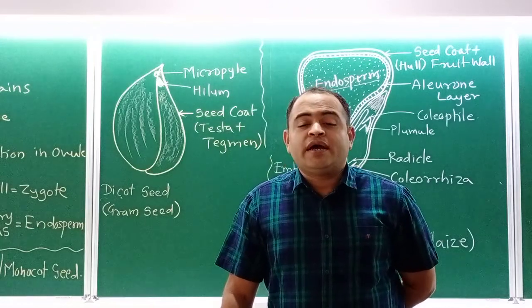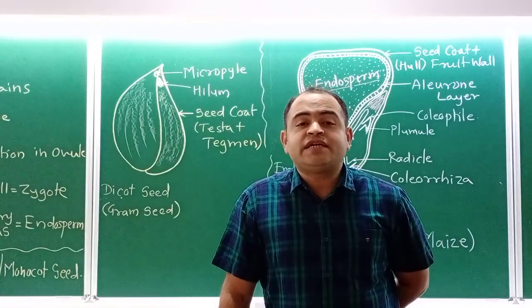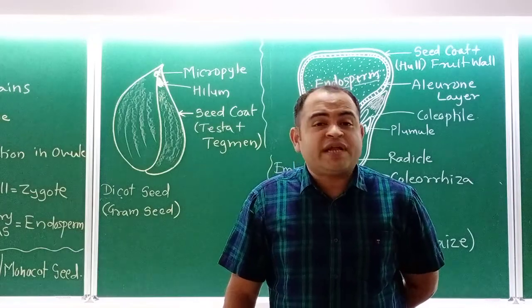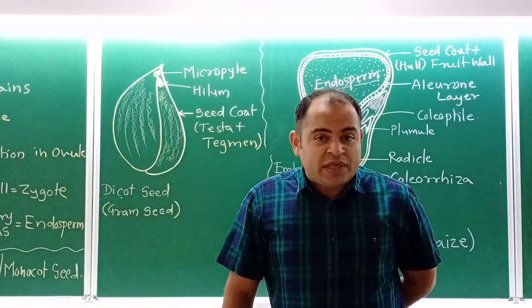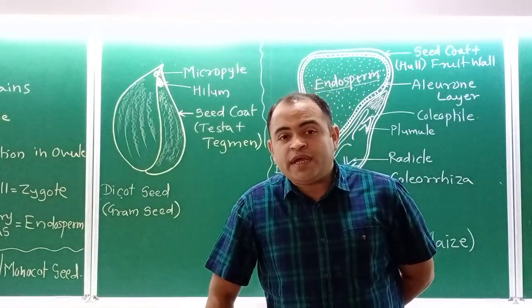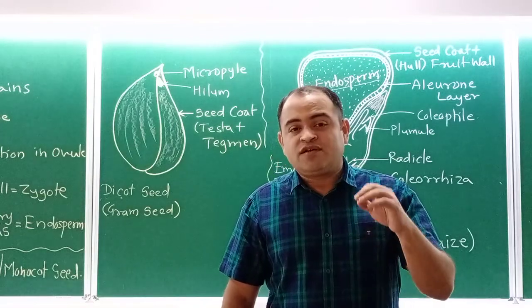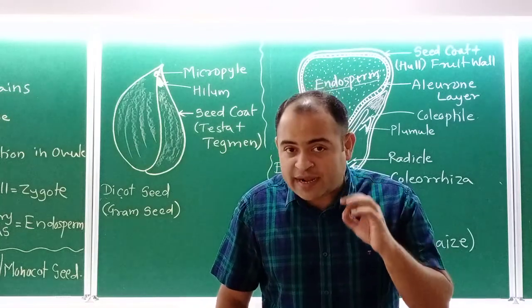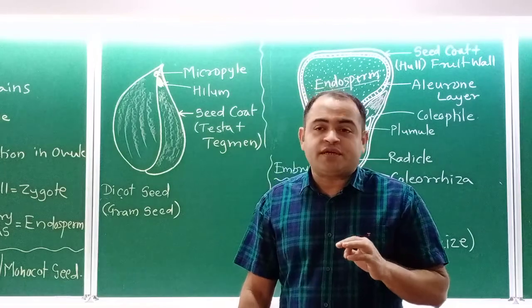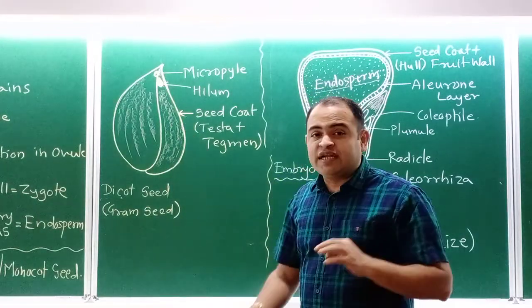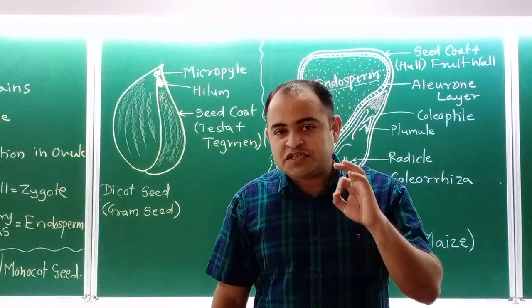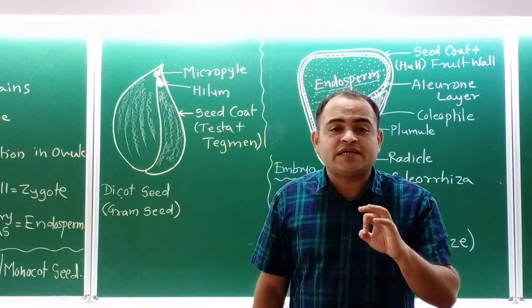So hilum is nothing but the typical seed attachment point. It's the seed attachment point with the ovary. The ovary always gives a space for the seed to show some attachment. This attachment leaves a scar mark. This scar mark is popularly called hilum.